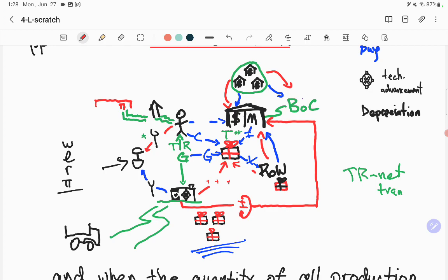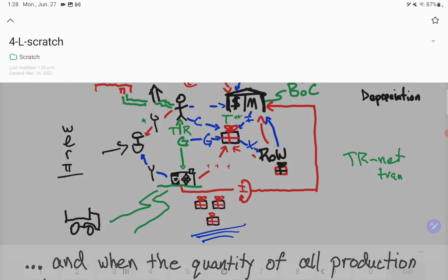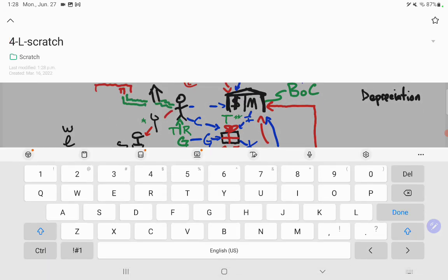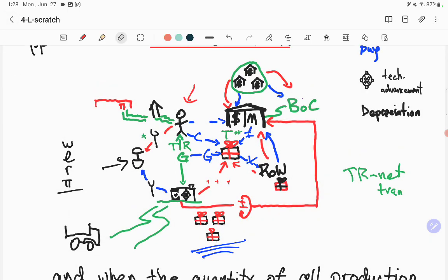And for households, if you're not consuming all your income, what are you doing with the remainder? Begins with an S. Saving.